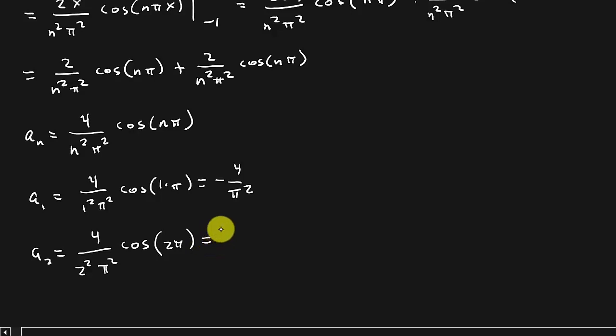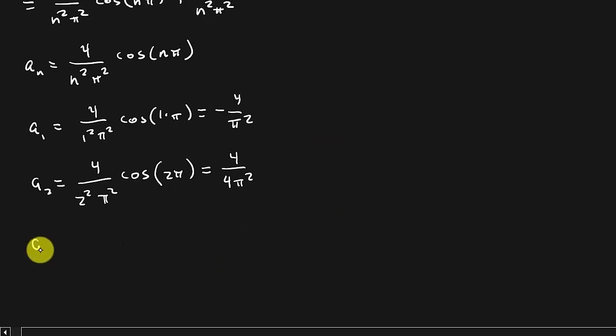And A2 is going to be 4 over 4 pi squared. And then A3, that's going to be 4 over 3 squared pi squared cosine of 3 pi, which is going to be negative 4 over 9 pi squared.